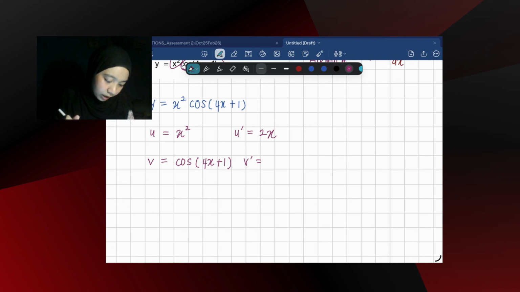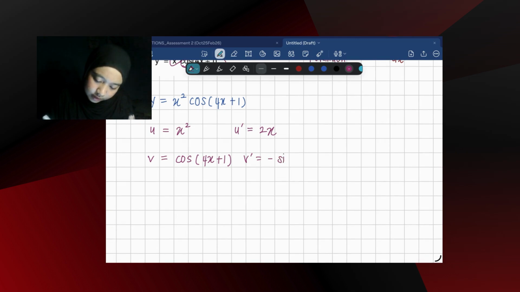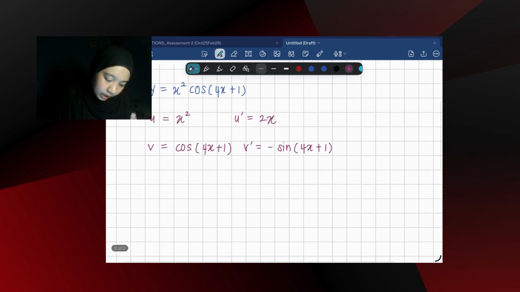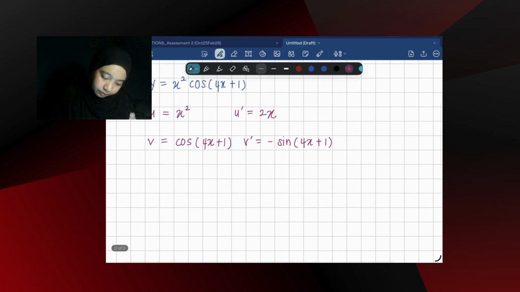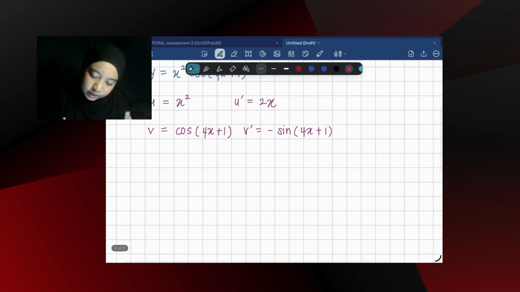First, differentiate the outside. The derivative of cos is negative sine, and we copy back the inside, 4x plus 1, and then multiply it by the derivative of the inside function 4x plus 1, which is 4.